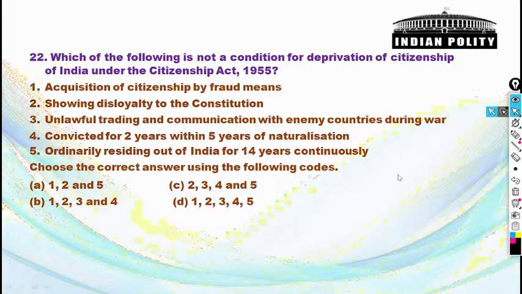Question number 22. Which of the following is not a condition for deprivation of citizenship of India under Article 55? Deprivation has 5 clauses, five major grounds under which a person can be deprived of his or her Indian citizenship.